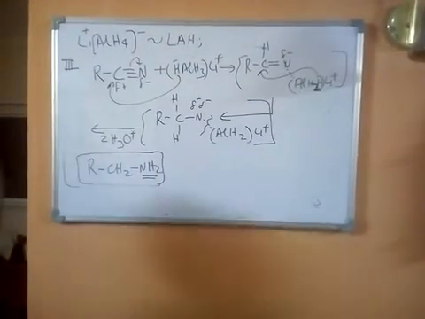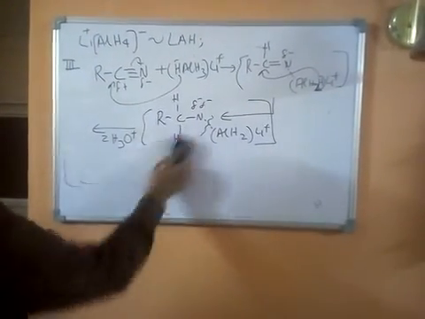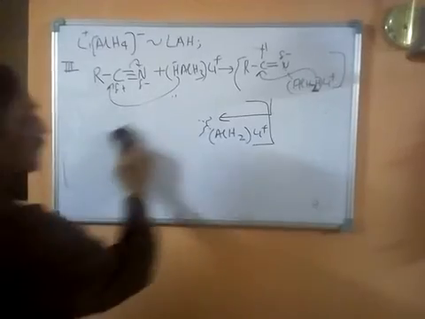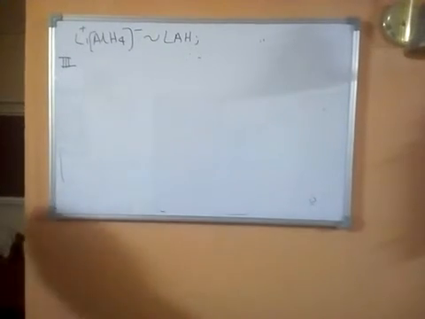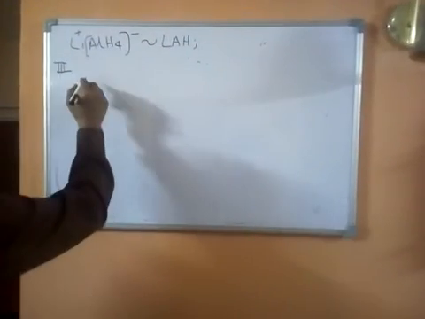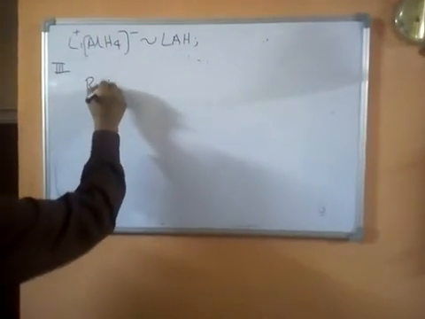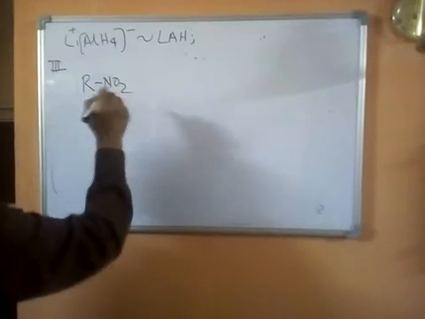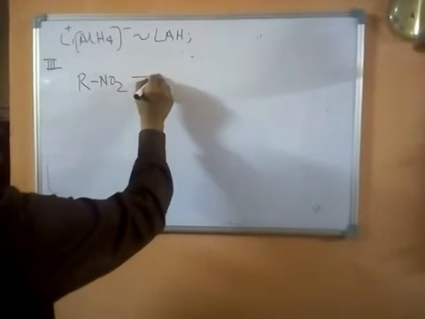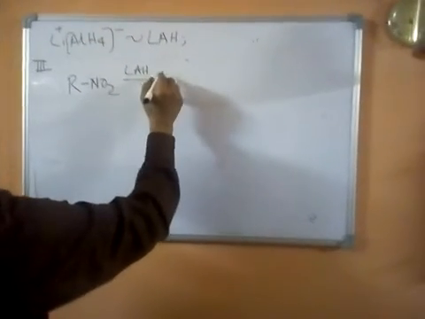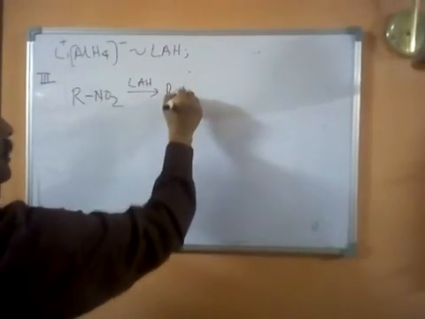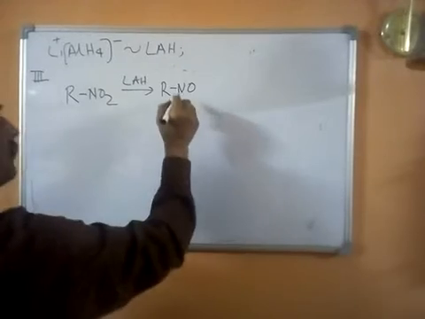Now the reduction of RNO2 is fairly complicated, and instead of writing a mechanism for that, we'll just illustrate the possible intermediates that may be forming. The nitroalkane may form a nitroso compound.